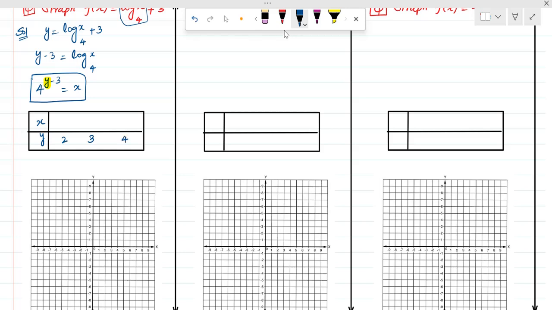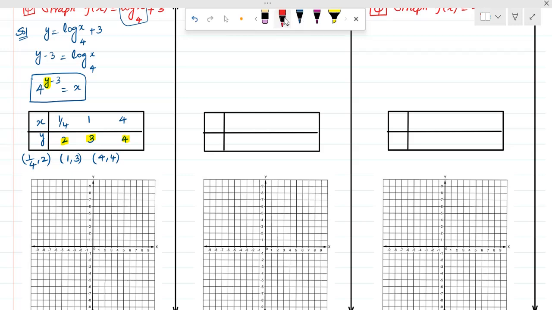When I substitute, the first one, 3 minus 3 is 0, any power 0 is 1. When I substitute 4, 4 minus 3 is 1, and 4 to the power 1 is 4. When I substitute 2, it is 1 over 4. So you get the points 1 over 4 comma 2, 1 comma 3 and 4 comma 4.